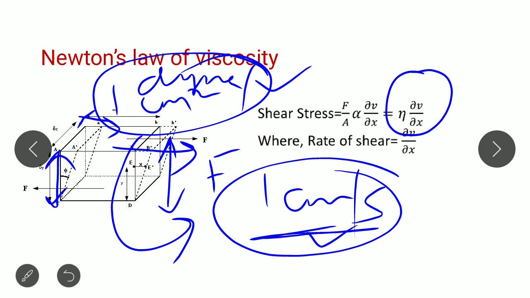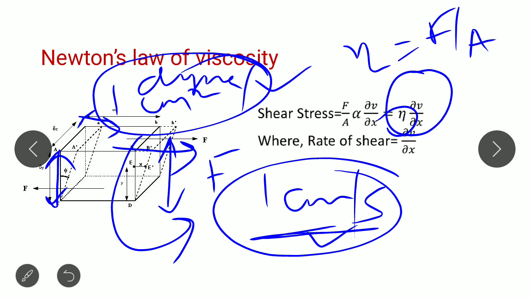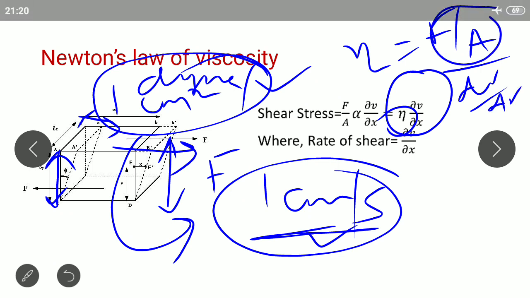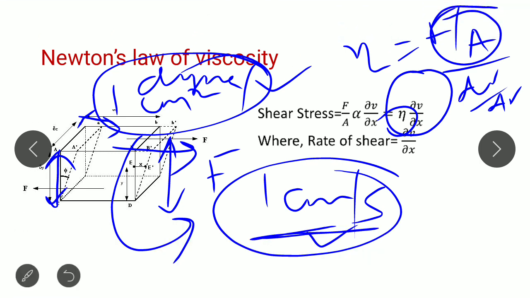The unit of viscosity: eta will become F by A upon dV by dx. So its unit is dynes per centimeter square, and dV by dx has a unit of per second. So it will be dynes per centimeter square per second, and that is called poise.